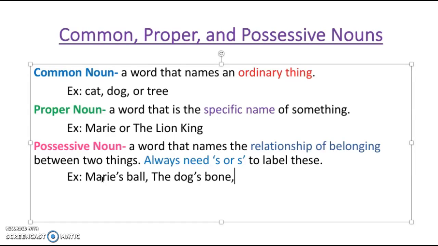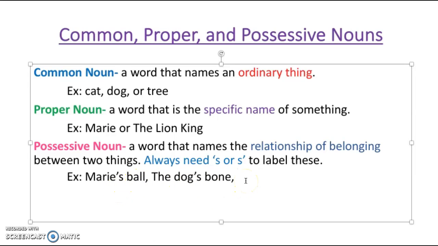To say that it is the dog's bone, you're not just saying the dog bone, because you need to know that it belongs to that specific dog. So since Marie and dog are both singular, you put apostrophe S after them.